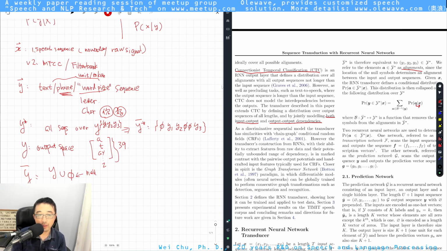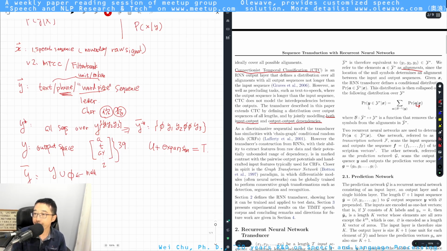Maybe I'm wrong, but I still think the purpose of expanding this is to make the length of U, plus the expansion, equivalent to T. This is why you have the alignment. The alignment is that anyhow you want to expand the output sequence so that it has the same length as the input.